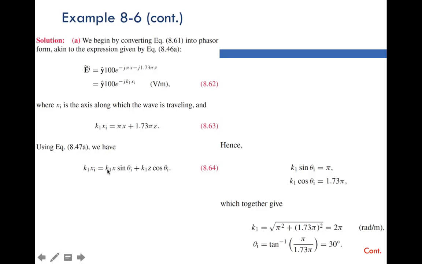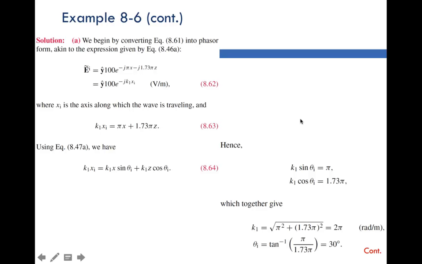We also know from our coordinate transformation that k1 x1 is k1 x sine theta plus k1 z cosine theta. And so k1 sine theta is equal to pi, and k1 cosine theta is equal to 1.73.